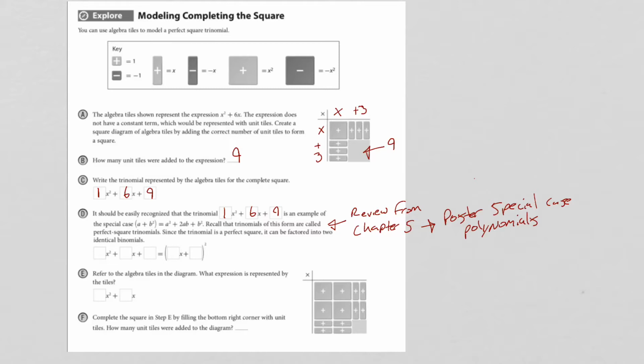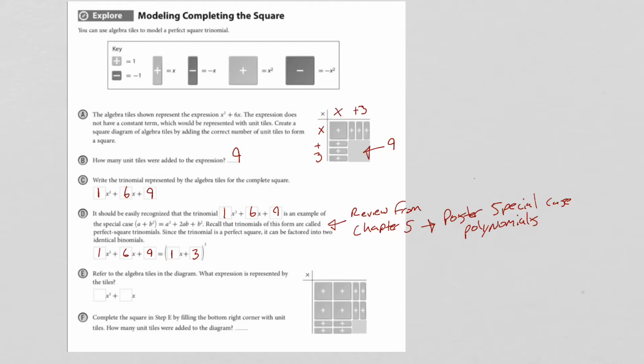If you have a condition where it's a plus b squared, it's going to be a squared plus 2ab plus b squared. So recall that the trinomial of this form is called the perfect square trinomial, and that winds up being 1x plus 3 squared, 6x, and 9.